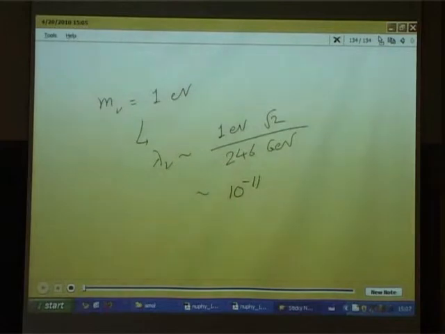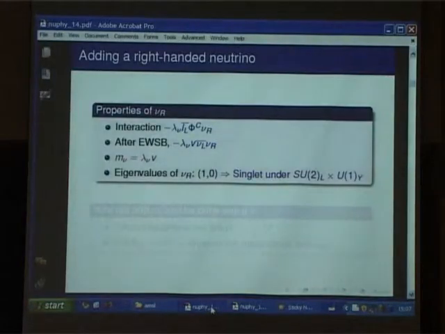Except for something like lambda electron, which was already very small, 10 power minus 6, there are no coupling constants which are that small. And now you get a coupling constant which is about a million times smaller than the coupling constant for the electron. So, not terribly bad, but it's a bit disturbing.